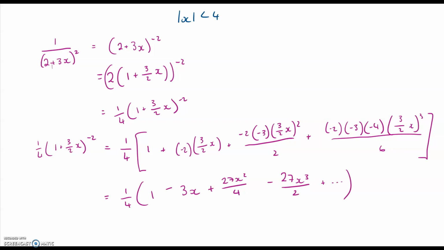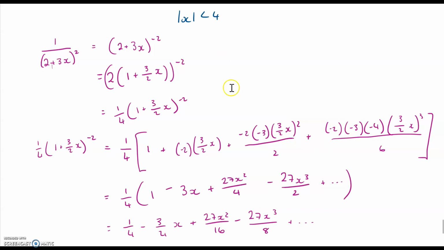Just chuck that straight in your calculator. All right, then we're going to multiply each term by a quarter, so we end up with 1 quarter minus 3 quarters x, plus 27x squared on 16 minus 27x cubed on 8 plus to infinity. All right, there we go.